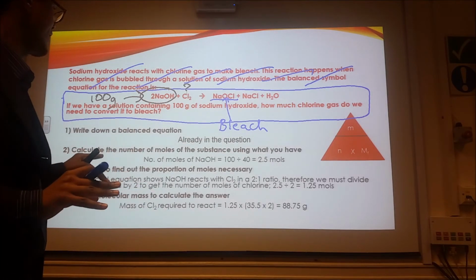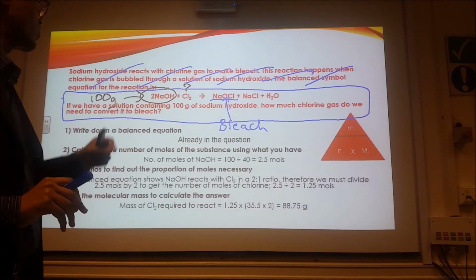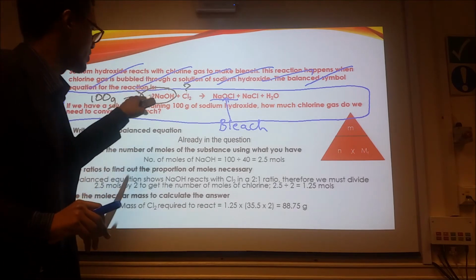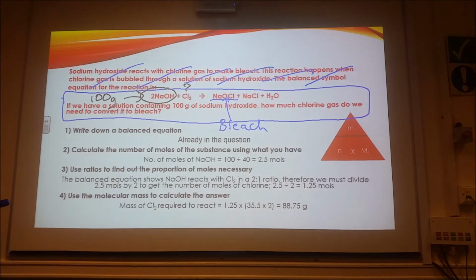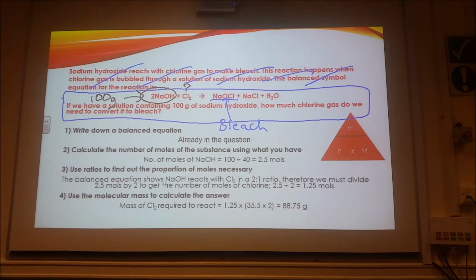Because what you're doing there is already calculating what 2 moles, what this ratio represents. You do not need to multiply the molecular mass by 2.